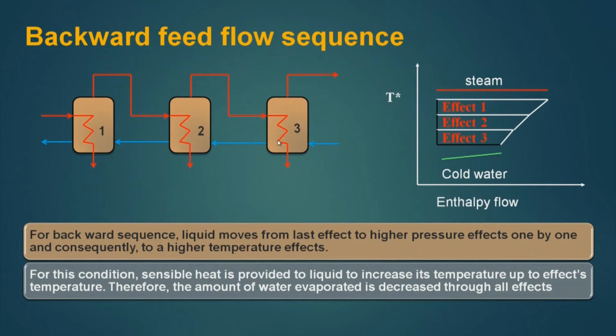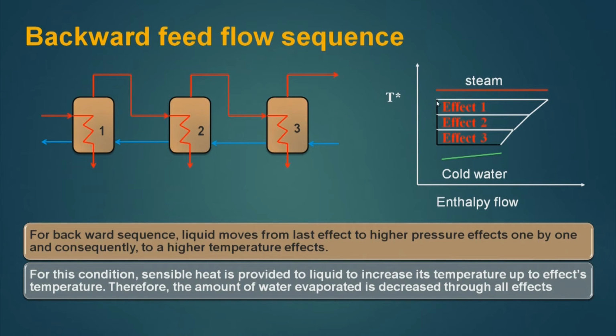So, this is the lowest pressure effect and this is the highest pressure effect. So, when it goes from third to second, it is subcooled in comparison to second, and this is subcooled in comparison to the temperature of effect 1.